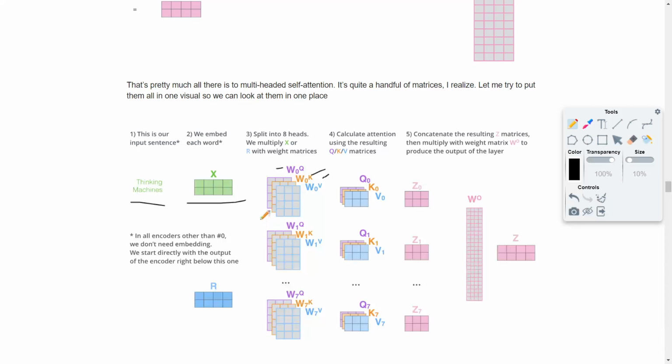We calculated the key, query and value for all the attention heads, and from them we are calculating the final sum, the Z score. Then we take all the final sums that we get, multiply by the weight matrix, and finally get the concatenated result, which we will pass further into the feed forward neural network that we have.